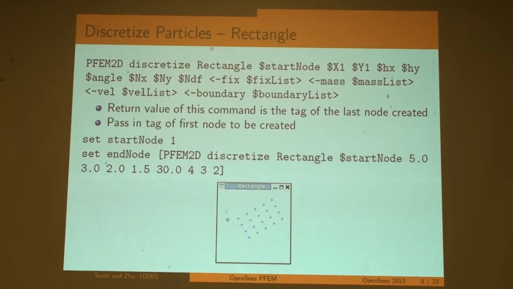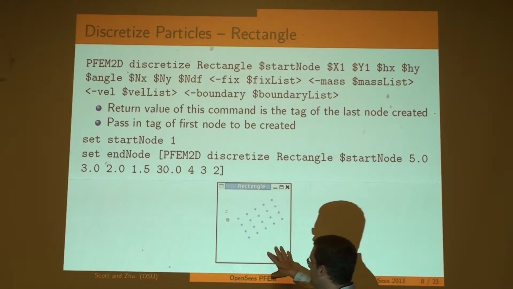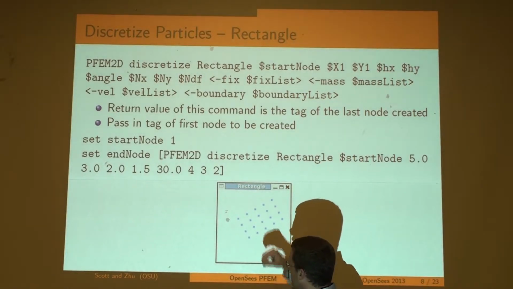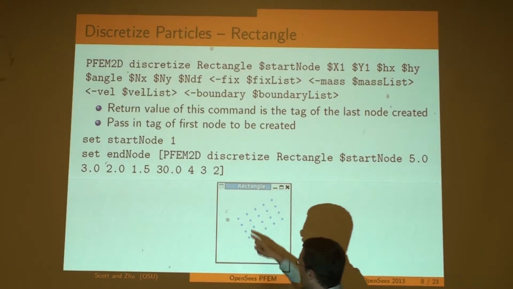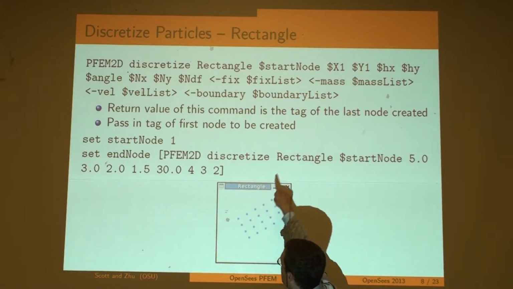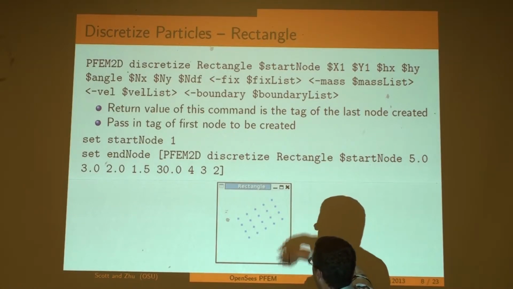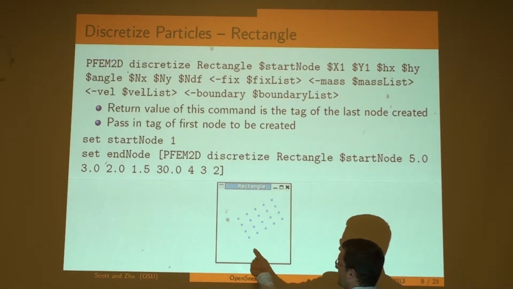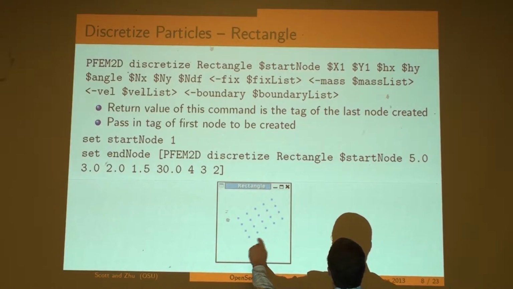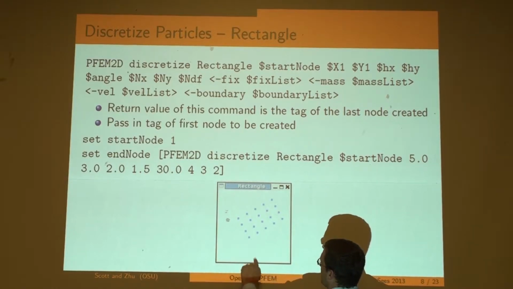But an example here is shown with the display command from OpenSees, which just creates a little window that we can show the points that are created from the discretize command. So discretize rectangle. We supply a starting node, which is the tag of the first node that's created, right? And then the x and y location is 5, 3.